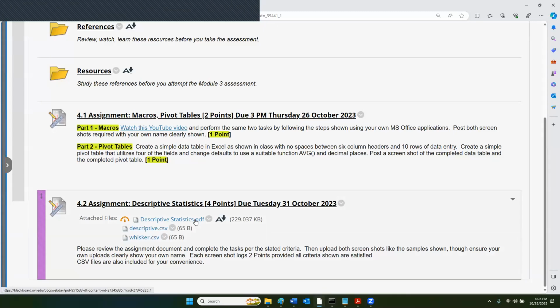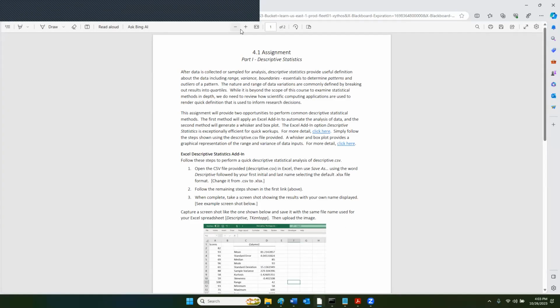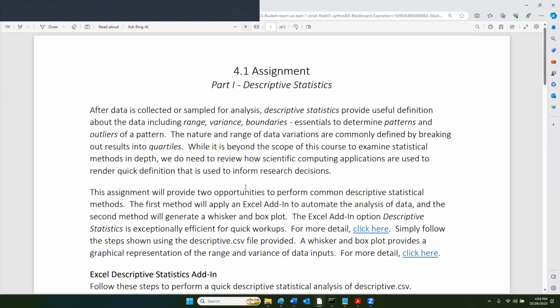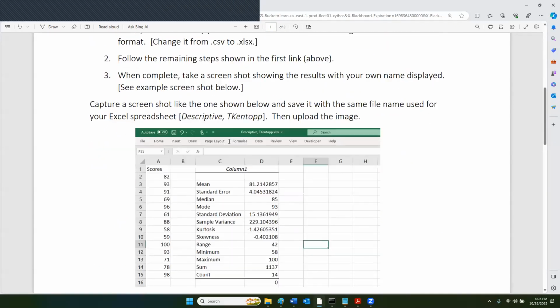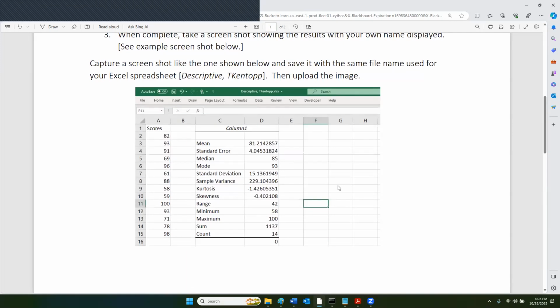What you'll do is investigate some stuff online, and then follow the steps in this PDF. It explains how this works. What we want you to be able to do is use Excel to calculate some of the descriptive statistics for a data set. I provide you with a data set.